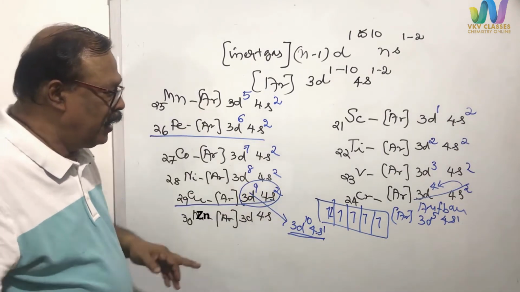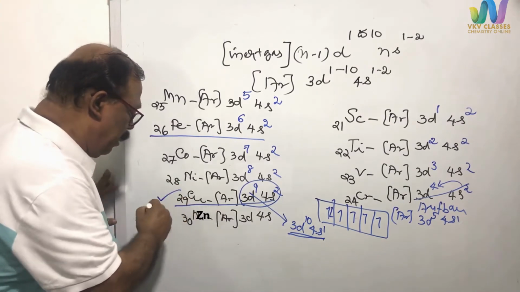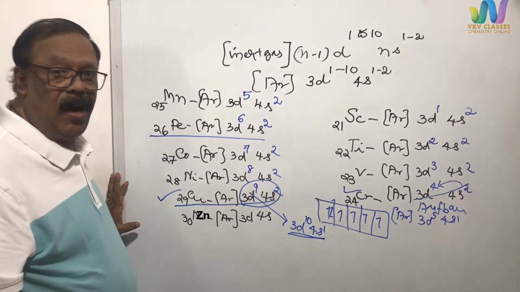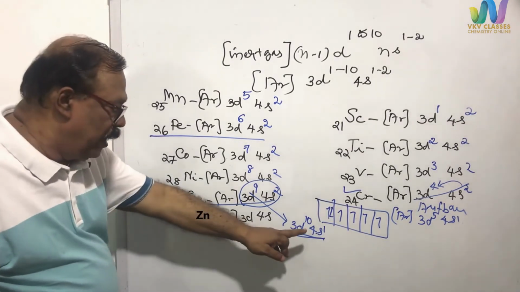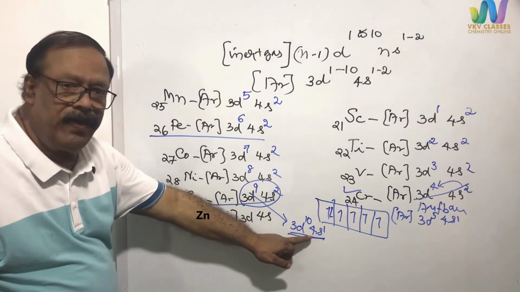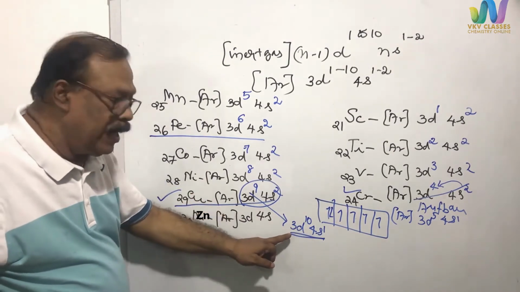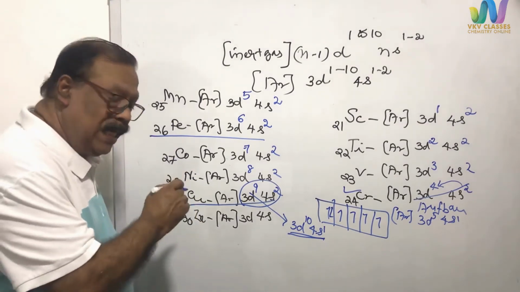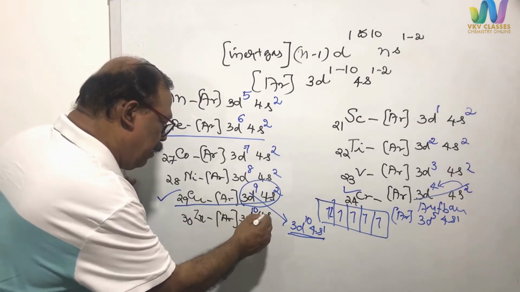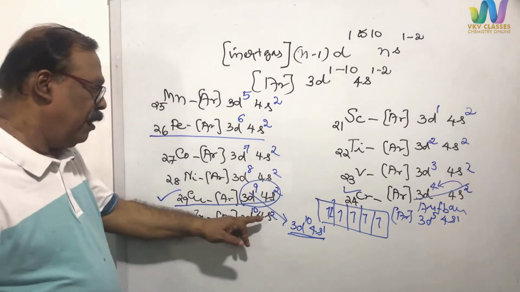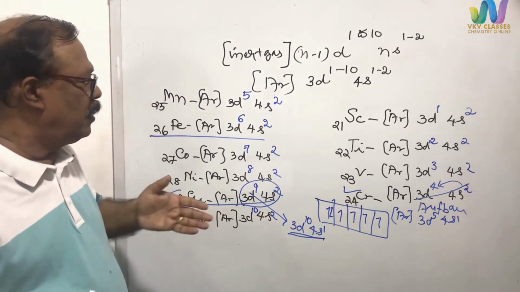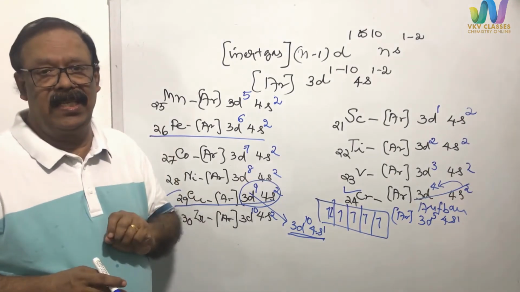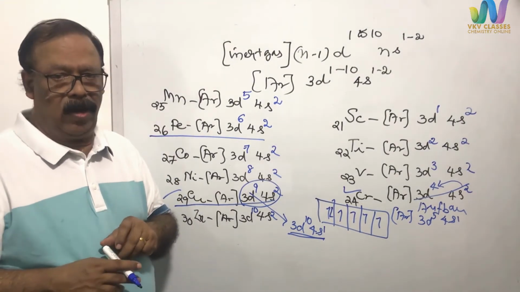So in the 3d series, 2 elements, namely copper and chromium, are against the Aufbau principle. Without complete filling up of the 4s level, electrons are getting filled up in the d orbital. And for zinc, the configuration will be 3d10 4s2. So this is the electronic configuration of 3d series of d block.